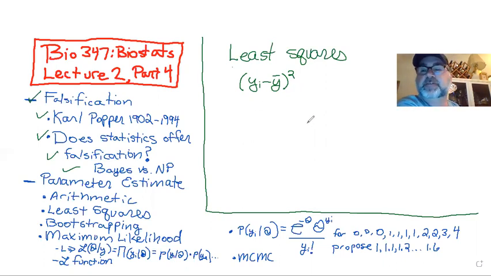And actually, a simple case would be the mean, okay? Let's say we have a set of numbers, right? And let's say it's something like heart rate, okay? And we have a set of values, okay?